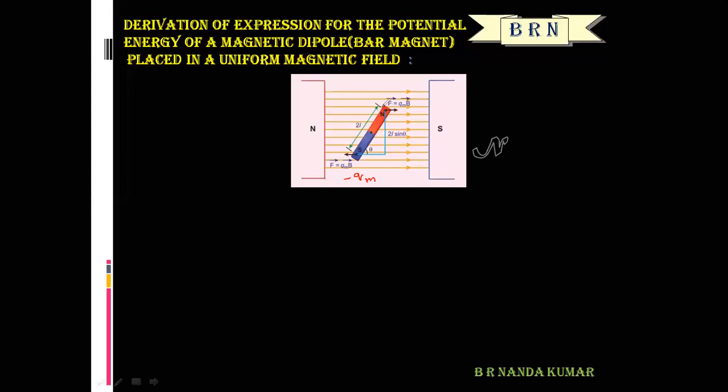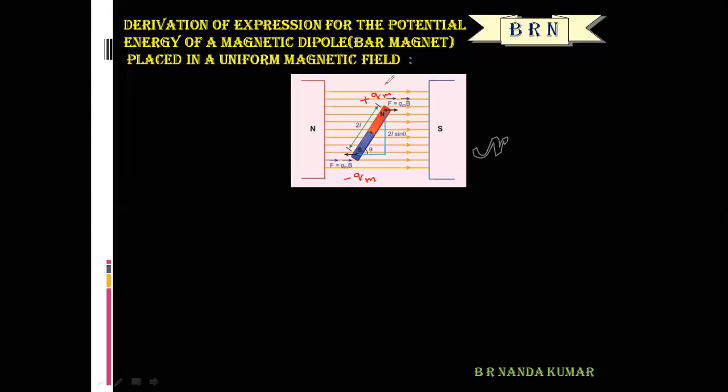The pole strength of south pole is minus Qm, and the pole strength of north pole is plus Qm.